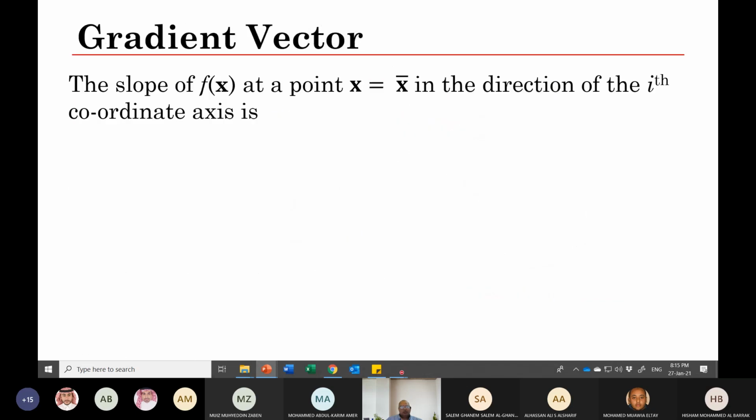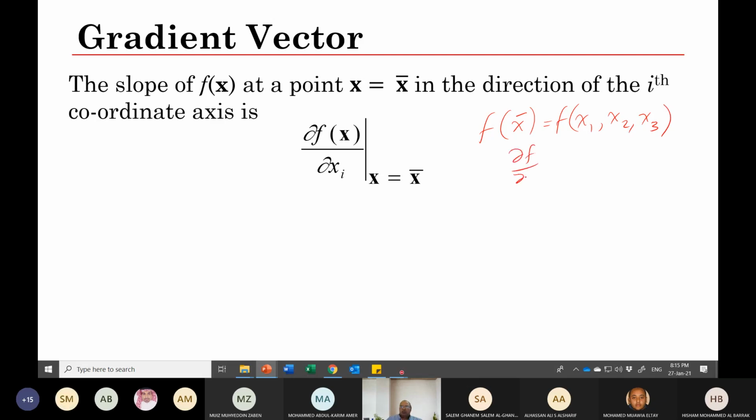The slope of f(x) at the point x in the direction of the ith coordinate axis is, of course, the derivative of the function. If you have a function of x1, x2, x3, you can get partial f by partial x1, partial f by partial x2, and partial f by partial x3, and so on.